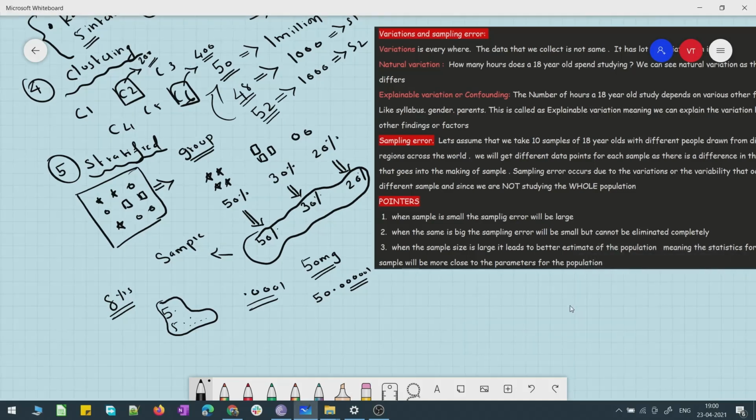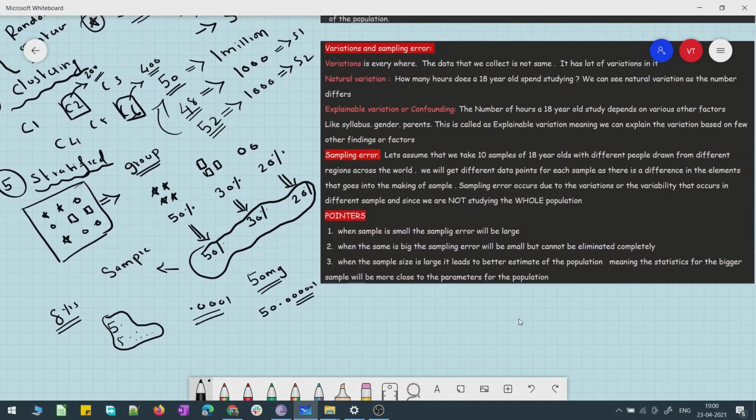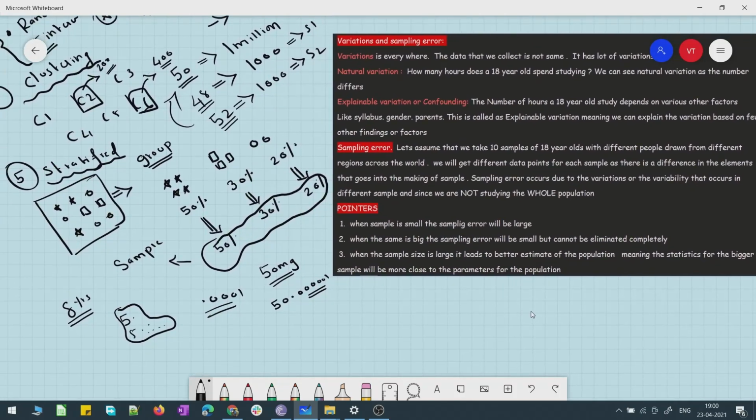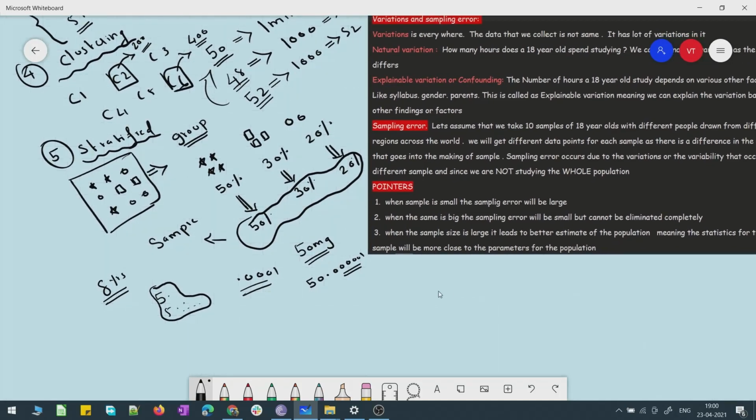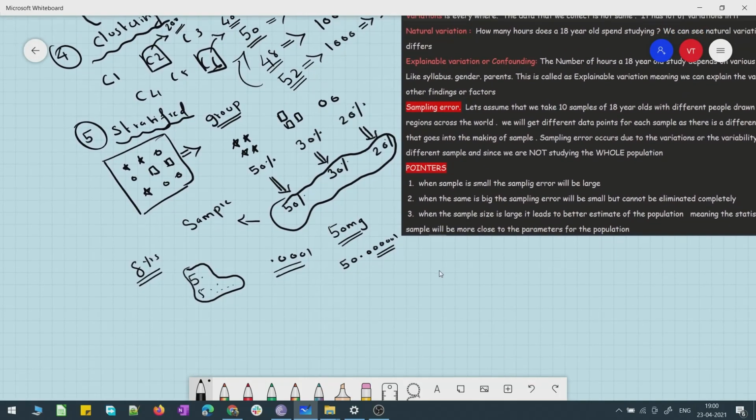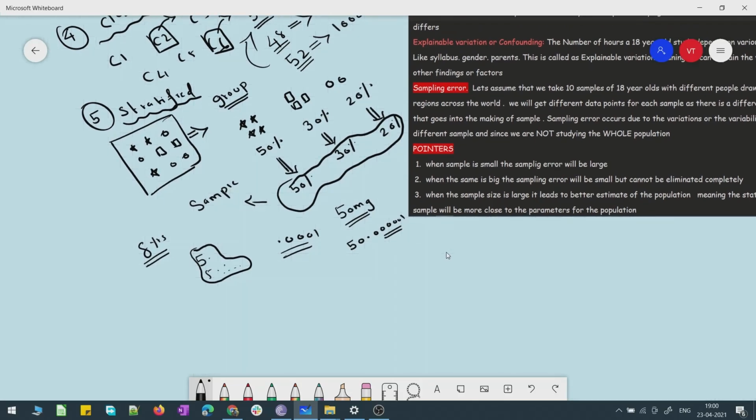Variations are natural to occur. That's what you refer to as natural variations. And then explainable variation is also referred to as confounding. So what does it mean? Let's say you're trying to look at the study hours for an 8-year-old kid. This study hour is dependent on a lot of other factors. It could be about the gender, the parents, the school, the teacher who's taking the class.